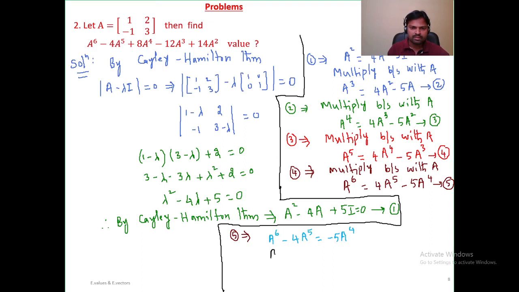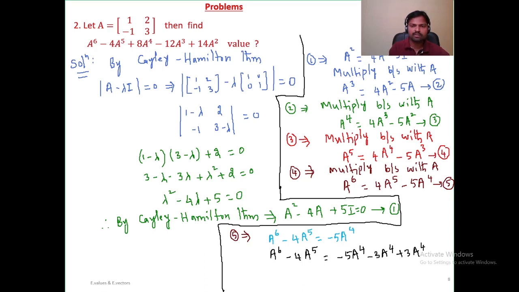A to the power 6 minus 4A to the power 5 is equivalent to minus 5A to the power 4, and minus 3A to the power 4 plus 3A to the power 4. Why am I doing this? Because if I club these two, I get minus 8A to the power 4, and here I want 8A to the power 4 only.